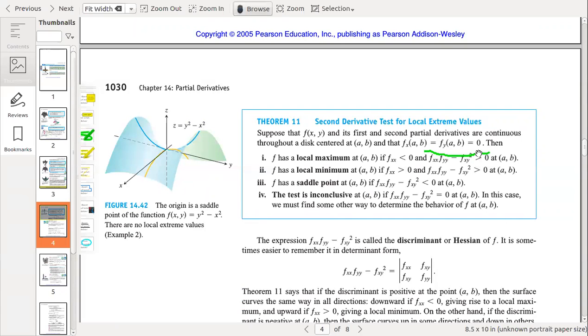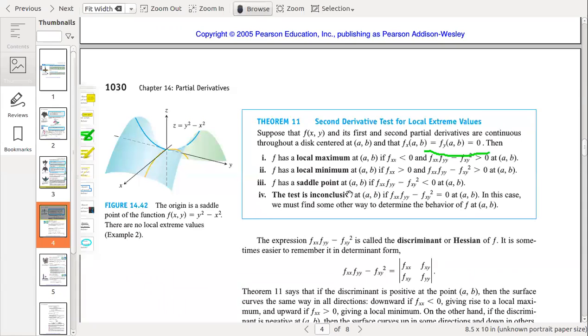So the second order derivative should be less than 0 in case of local maximum, and greater than 0 in case of local minimum.